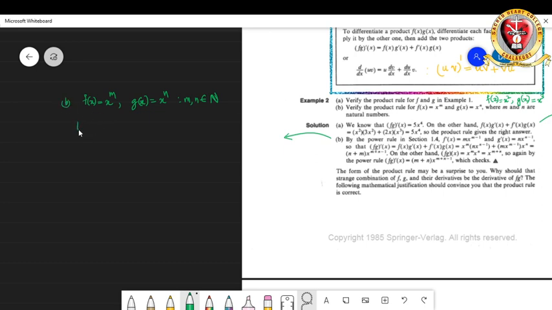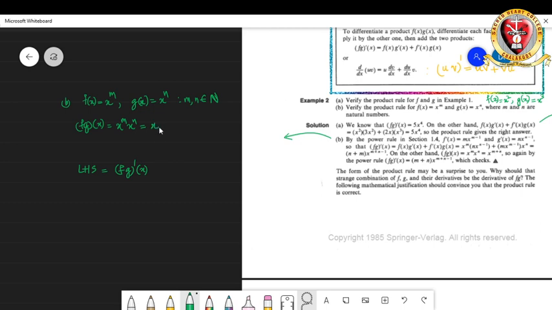Then you have to find the LHS. LHS of the product rule is nothing but (fg)' of x. For that, first you have to find something else. You have to find fg of x. Fg of x is nothing but x raised to m into x raised to n.